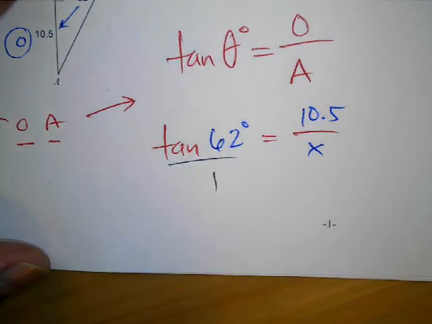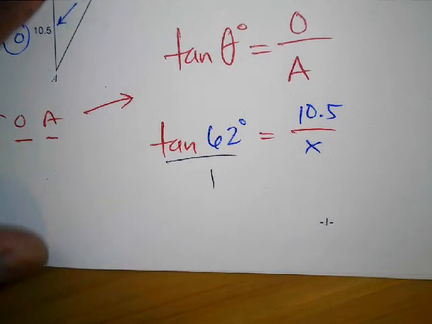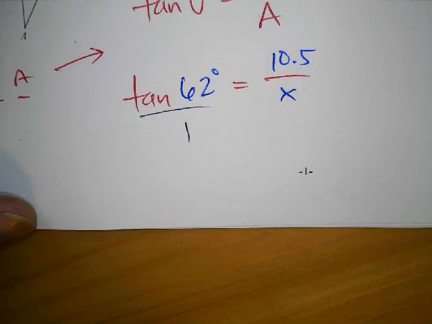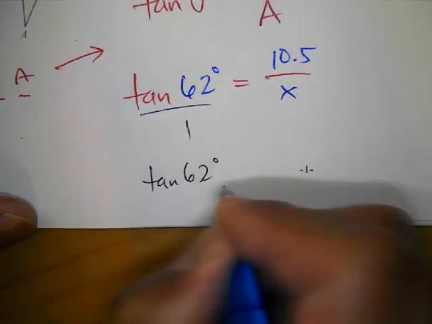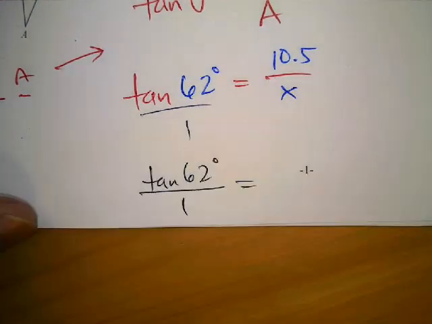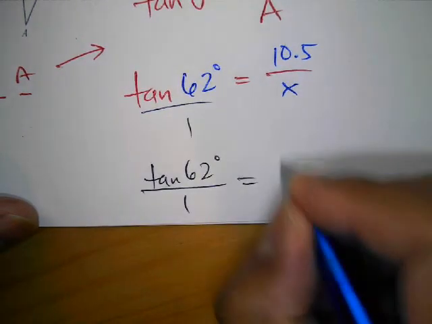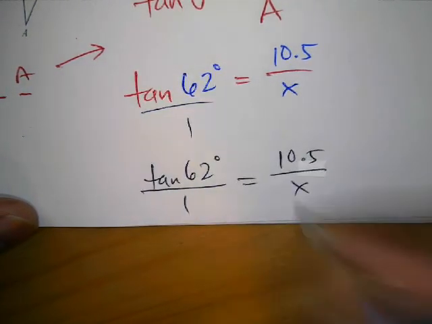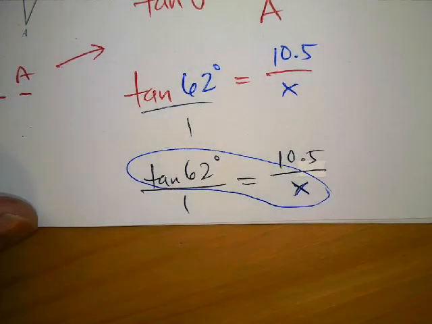All right, and here is where you set up the proportion, right? Put a 1 under it like this. Cross multiply. Tangent of 62 over 1 is equal to, what is this? 10.5 over x.